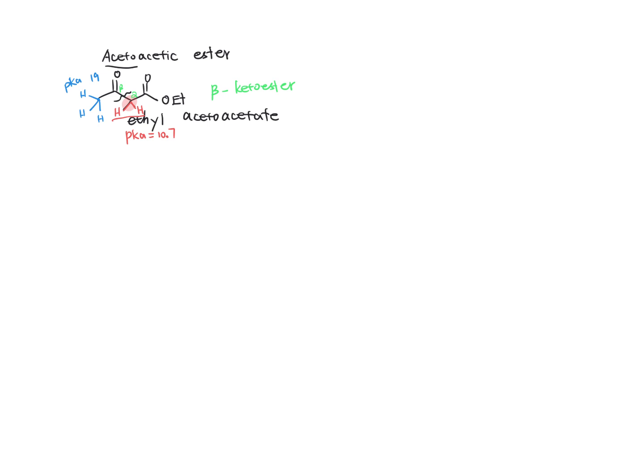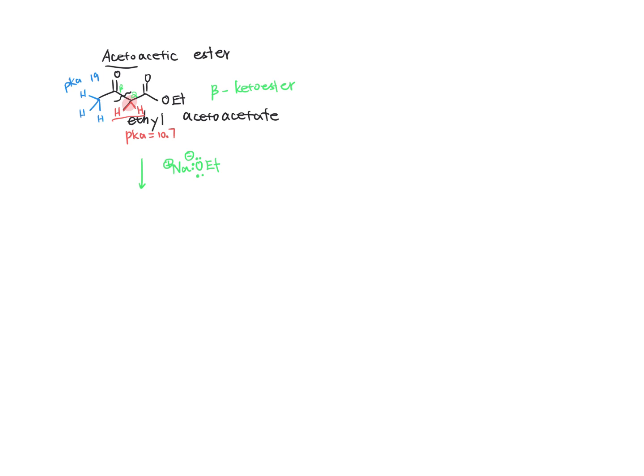So why does this matter? If we introduce a base, for example sodium ethoxide, it is a relatively strong base, and the conjugate acid has a pKa of about 16.